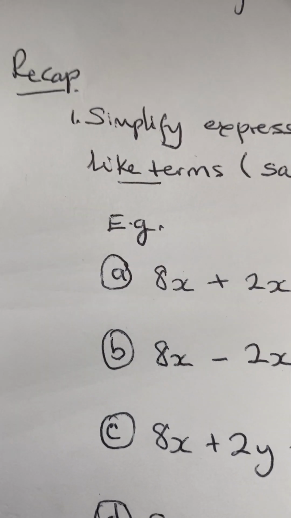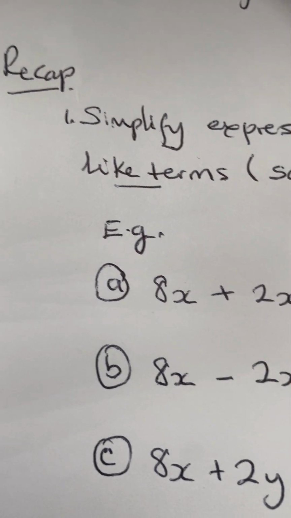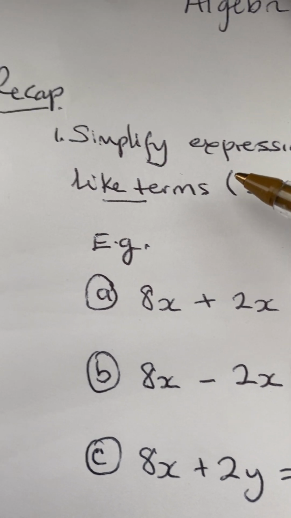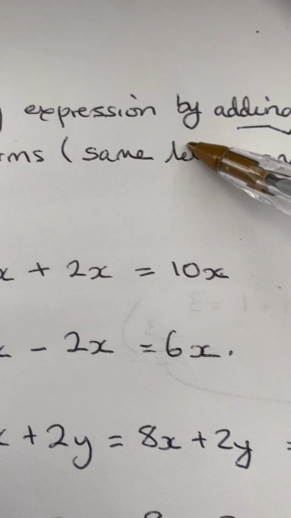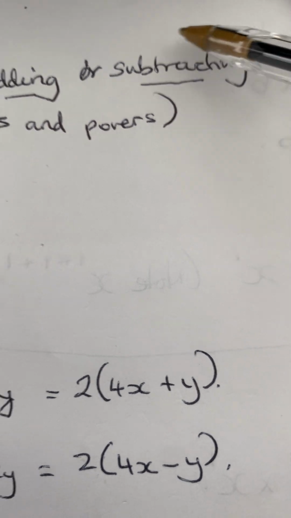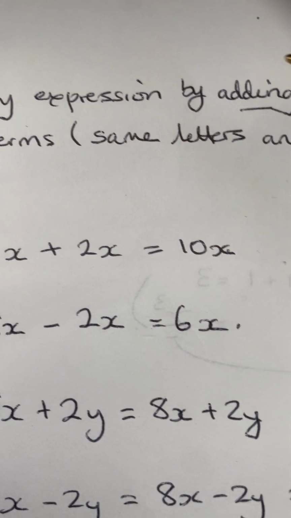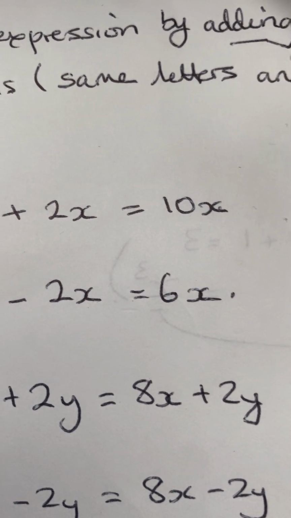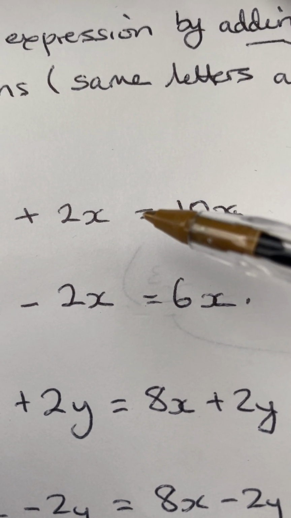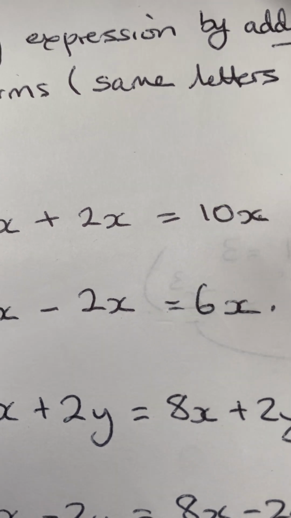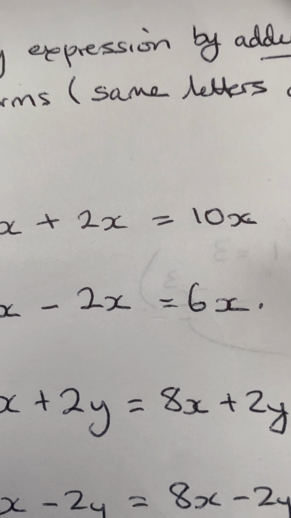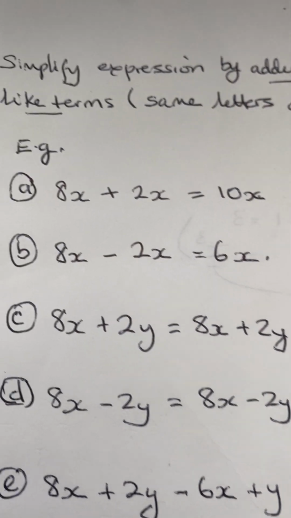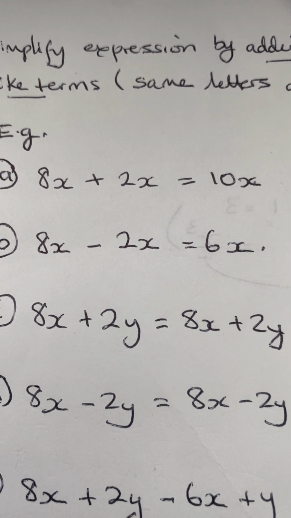So let's recap from yesterday's lesson. We said yesterday that we simplify expressions by adding or subtracting like terms. So yesterday we started looking at addition and subtracting of algebra expressions. Let's look quickly at some examples and then go further.